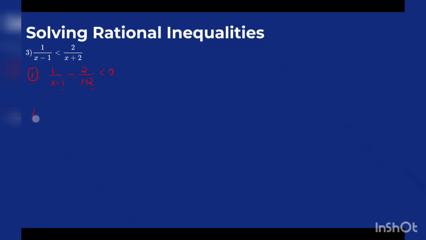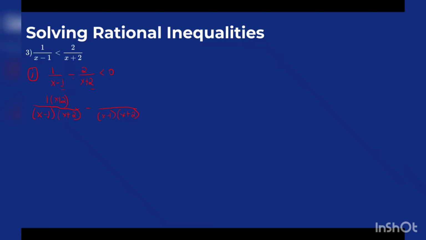So that means we have x minus 1 and x plus 2 as the LCD. For the first rational expression, divide and multiply. LCD divided by original denominator. So we'll eliminate x minus 1. You'll be left with 1 times x plus 2.